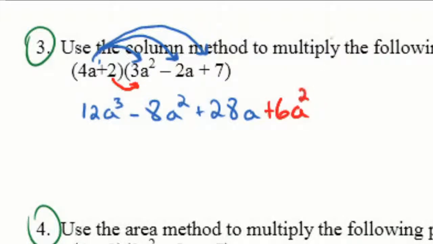A squared times just basically 1 gives me a squared. Then I'm going to go 2 times negative 2 gives me negative 4. And then I have this a just hanging out. And then 2 times positive 7 gives me 14.